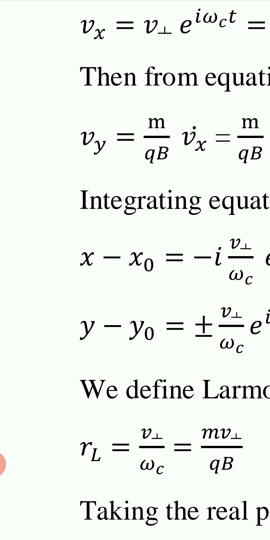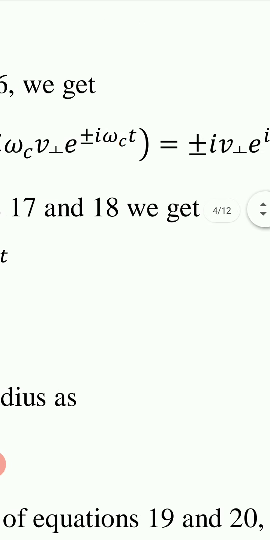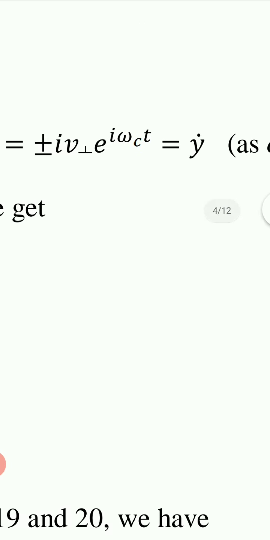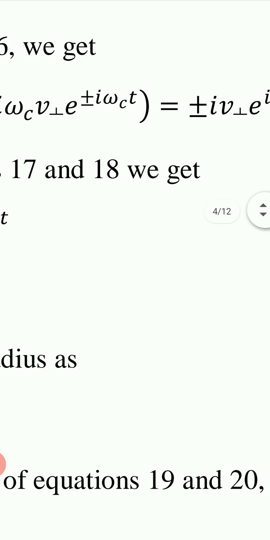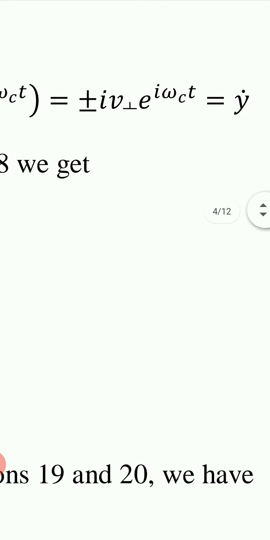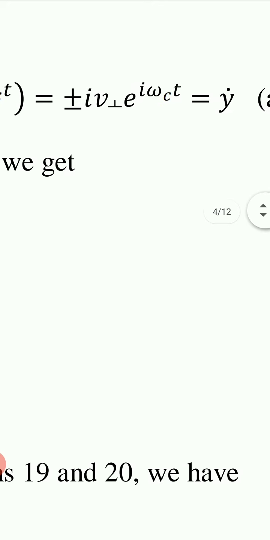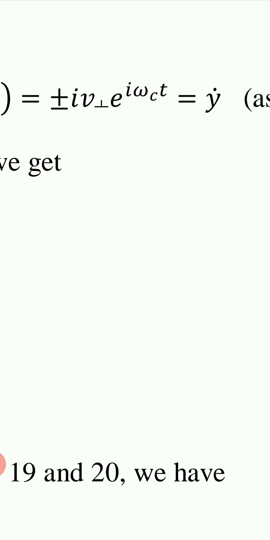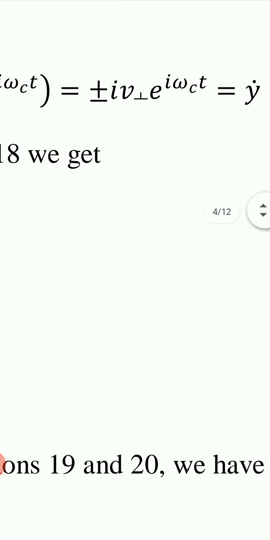Vy is equal to y dot. We write Vy as y dot, dy upon dt. So y dot, that is dy upon dt, that is Vy, is equal to plus minus i V perpendicular e to the power plus minus i omega c t.